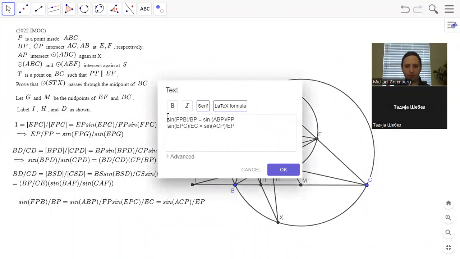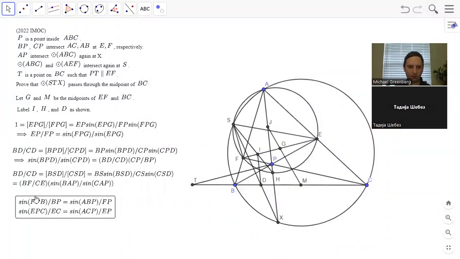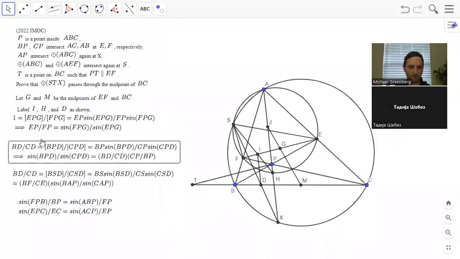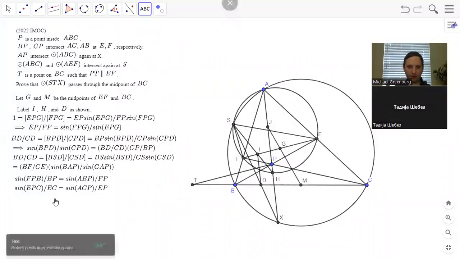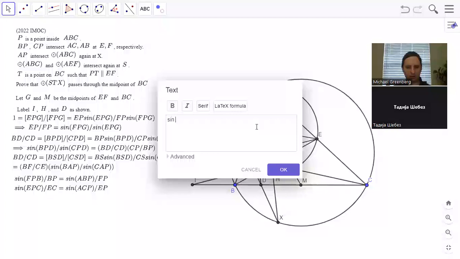Oops, I want to make these separate statements. This would be sine BAP over BP. And this would be sine CAP over CP.